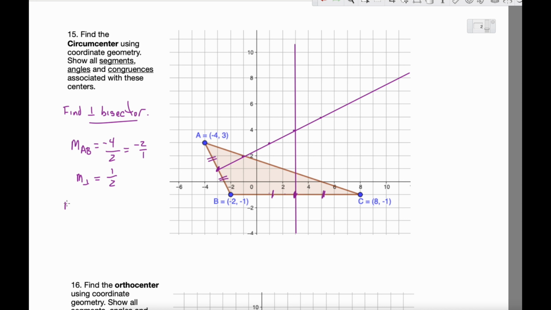Let's find the midpoint of A to C. So again, x1 plus x2 over 2. I'm going to do the equation.